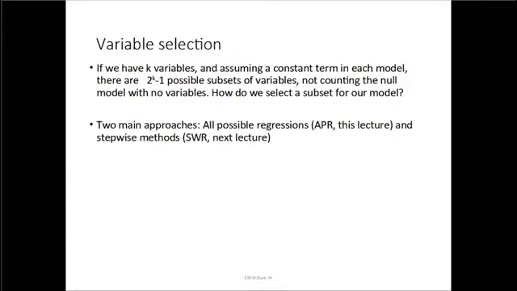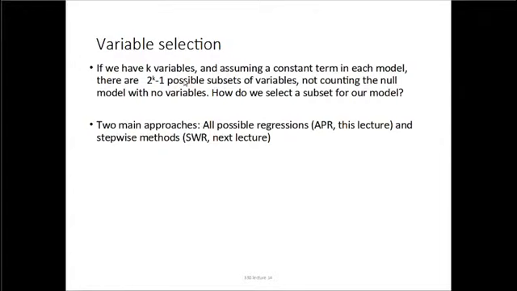Suppose we have k number of variables. If we take all possible subsets of variables, we'll have 2 to the power k minus 1 models. So imagine you have 10 variables. How many models will we have then?